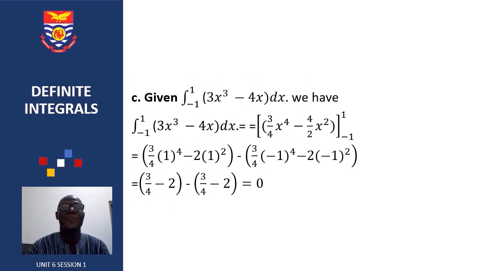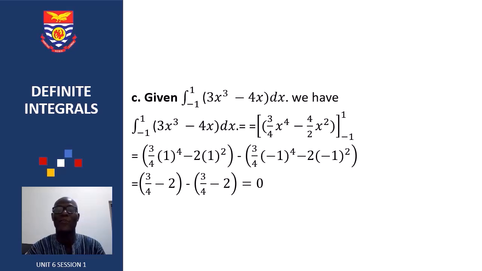C, to evaluate the integral, the lower limit negative 1, upper limit 1, 3x power 3 minus 4x, we first integrate the function. Integrating the function, we have 3x power 4 divided by 4 minus 4x power 2 divided by 2.